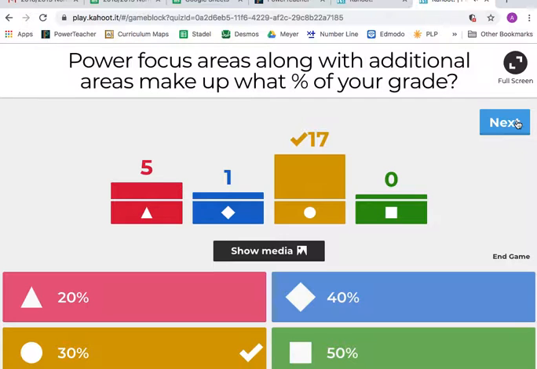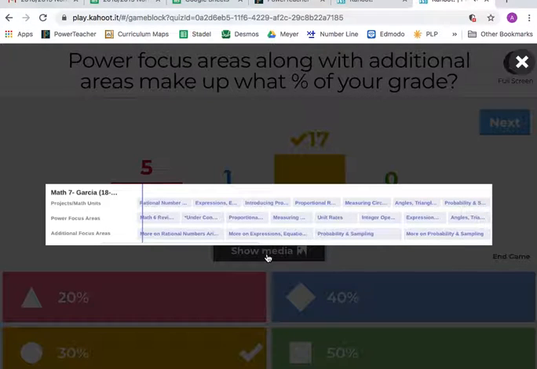Mr. Garcia, the answer to that should be 100. So we just said these top ones are 70%. These two combine to make the other 30% of your grade.